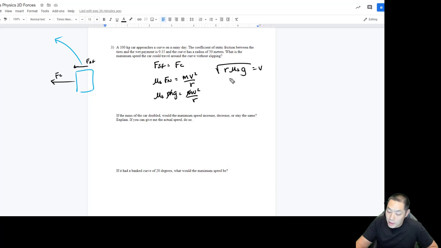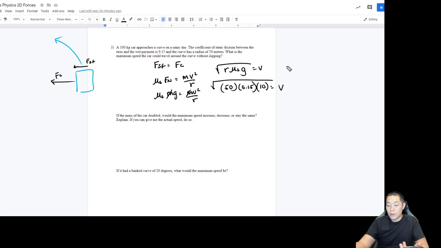In this case, the radius of the curve is 50, mu is 0.15, and gravity is about 10. Before I move on, I did derive the equation, but you don't have to. You already know this from our notes, so you just plug it in and multiply.